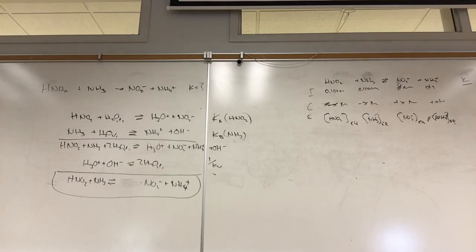Can you go over when you use the combined method? The first K has to be small, the second K has to be big. What do you mean by small? Like your KA needs to be small, like KSPs, which are small in general.